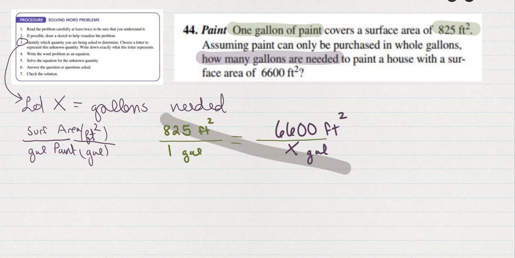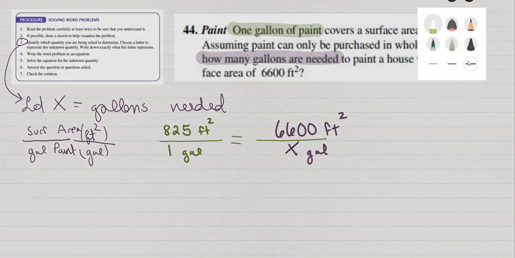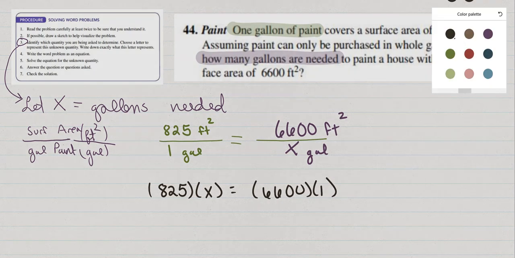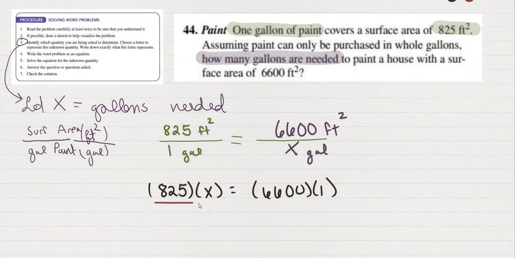So we're going to call that cross multiplication. Here's what it would look like: 825 times X equals 6,600 times 1.